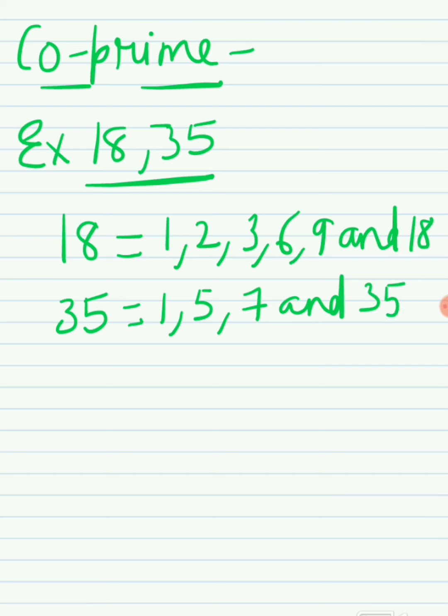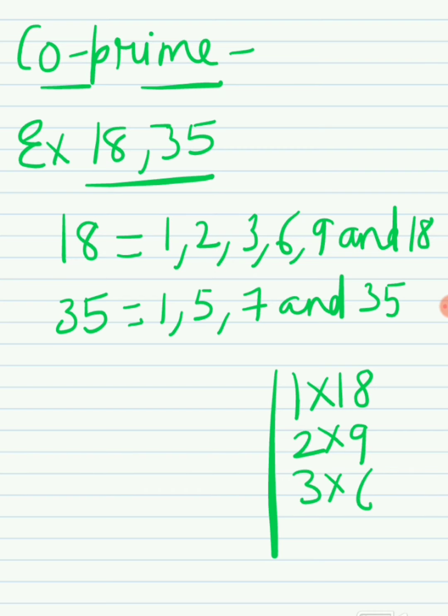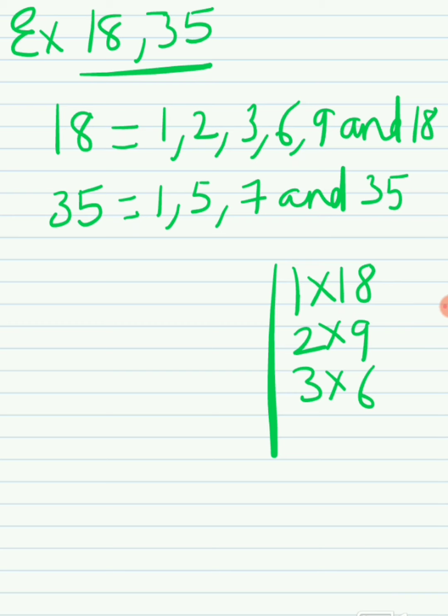You have to solve because you know 1 into 18, after that 2 into 9 is 18, 3 into 6 is 18. Then 18, because 1, 2, 3, 6, 9, 18 are the factors.